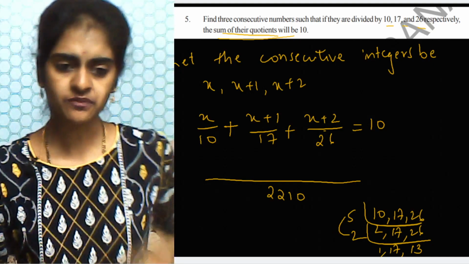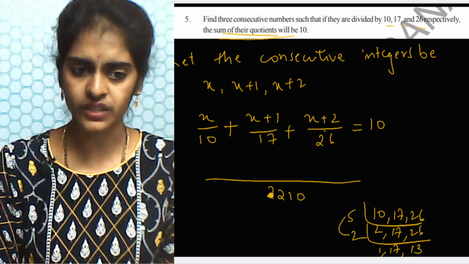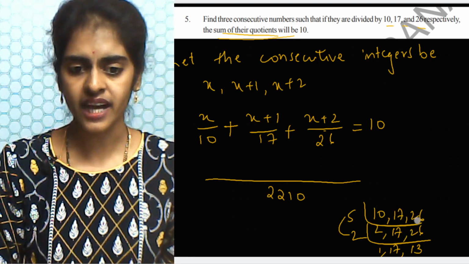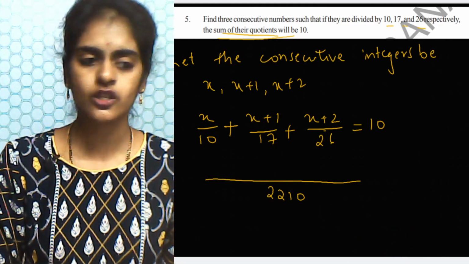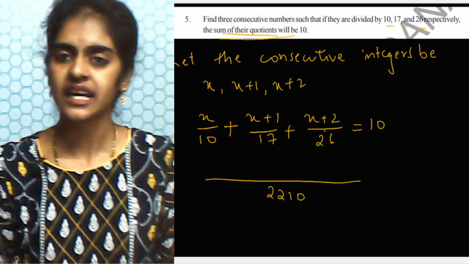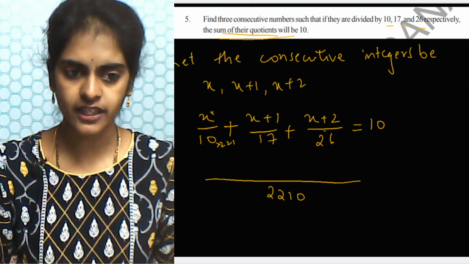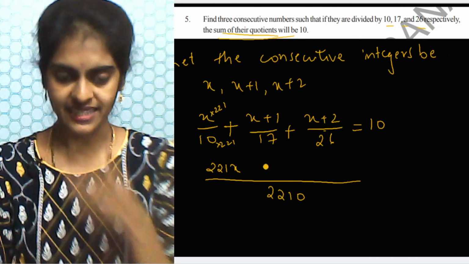Now, as I told you, here in the denominator you have 2210 and here you have 10. What should you multiply to 10 so that you get 2210? You will multiply it with 221, isn't it? So in the numerator also you multiply with 221. So this becomes 221x.